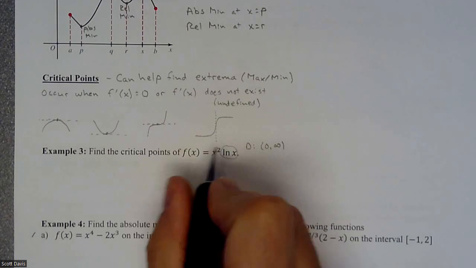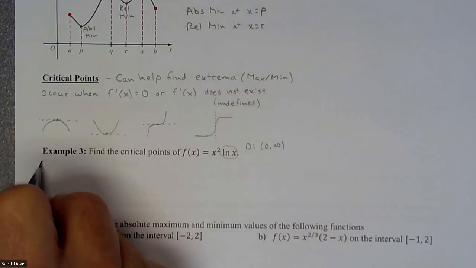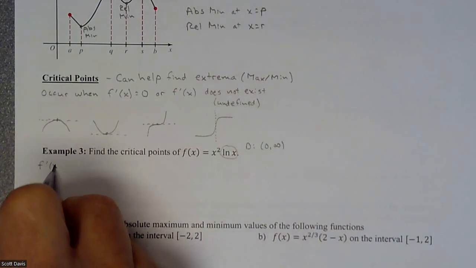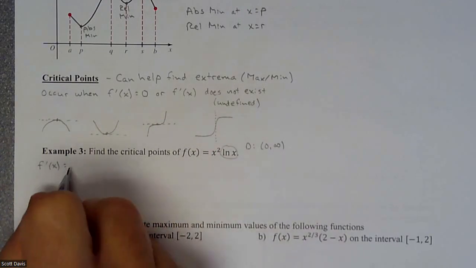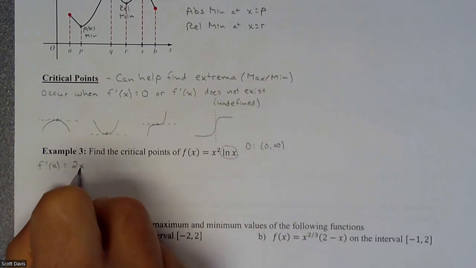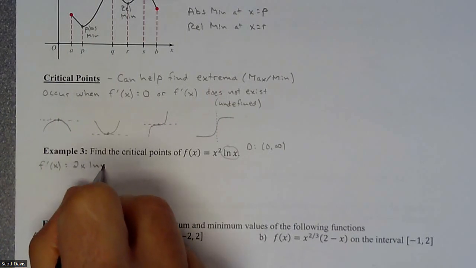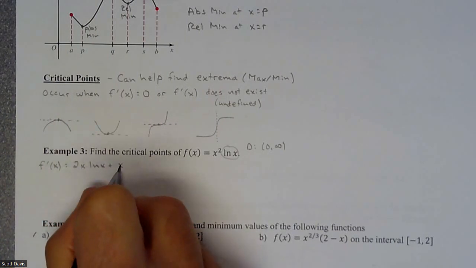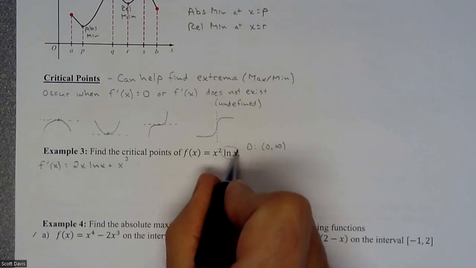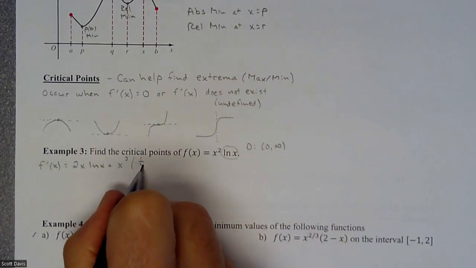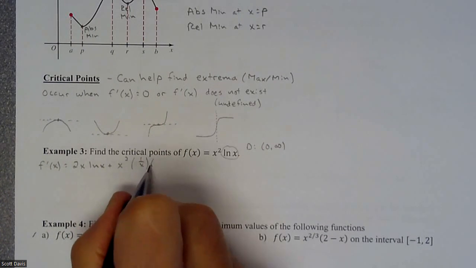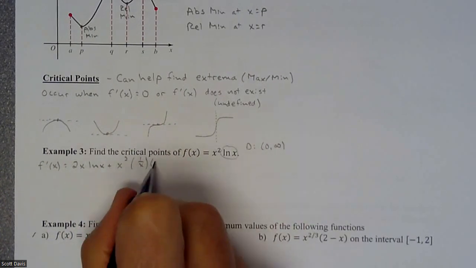So we're going to do the derivative of this. We have a product rule. We're going to do the derivative of the first, so 2x times the second, plus the first times the derivative of the second. The derivative of natural log is 1 over x times the derivative of the inside, which is 1.